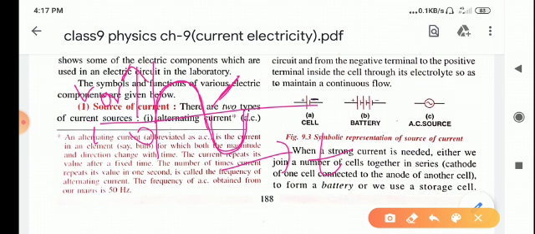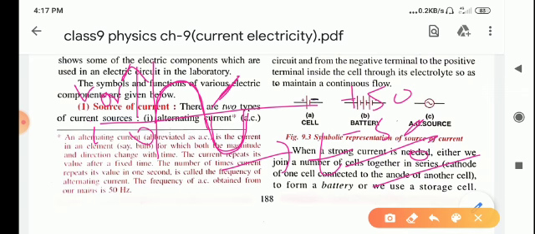So the total value will be 0, because plus 50 and minus 50 is 0. But due to persistence of vision, it appears lighted continuously.